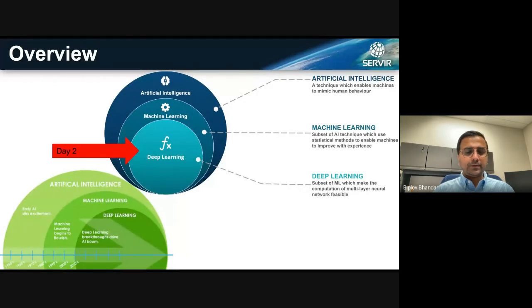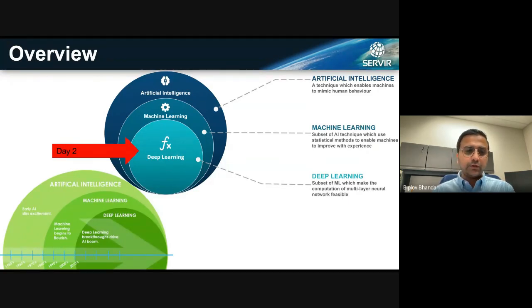Before I go to the other slides, I just want to give a brief history of when deep learning came along. You might be surprised that it came in the 1940s and 50s, so the concept was already built then. But during that time we didn't have enough computational resources, so it didn't really pick up until recently.